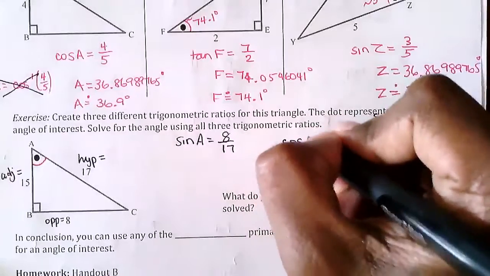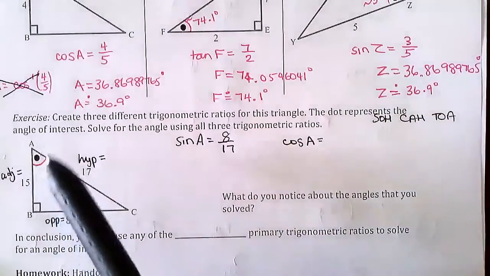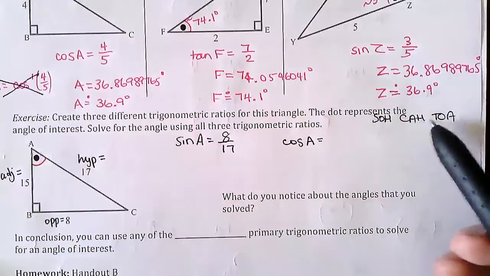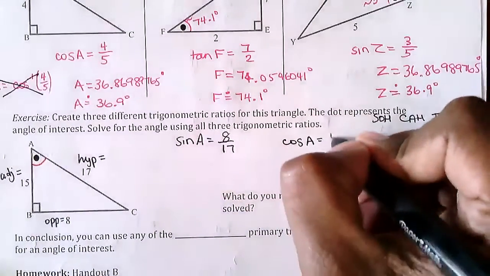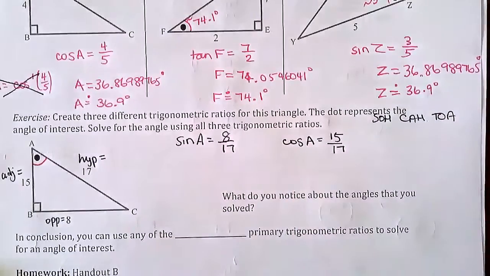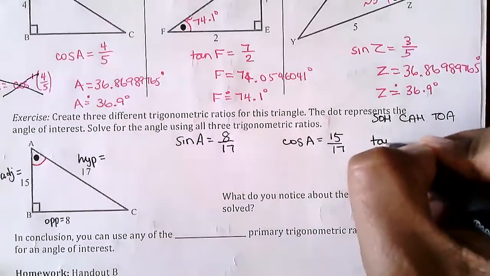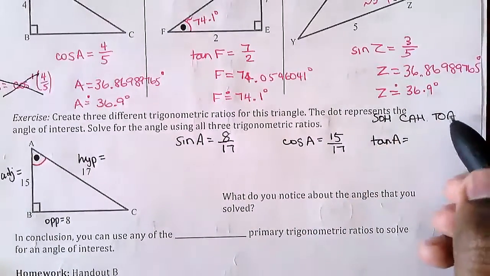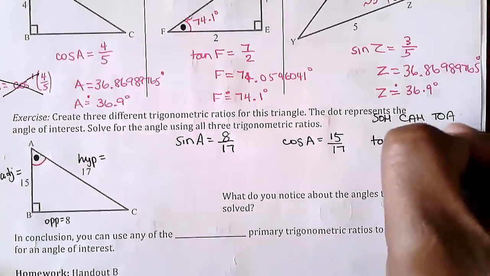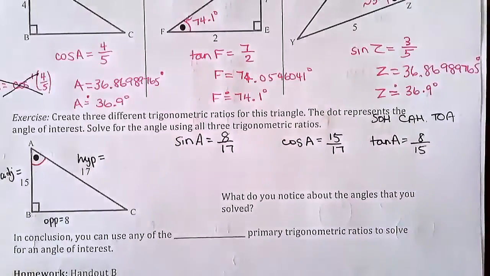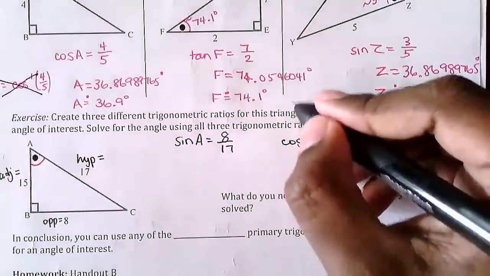The cosine of A is equal to adjacent over hypotenuse, 15 over 17. And then we have tangent of A. Tangent is opposite over adjacent, which is 8 over 15. So I've created three different trig ratios.